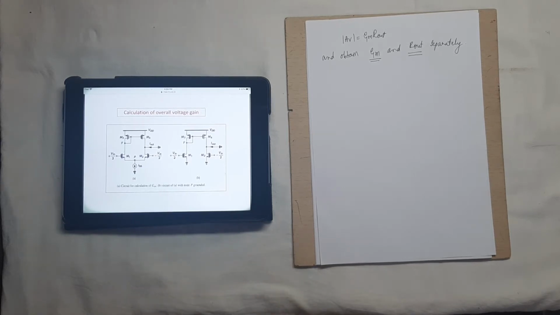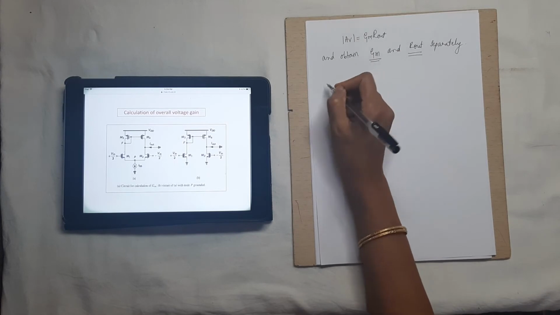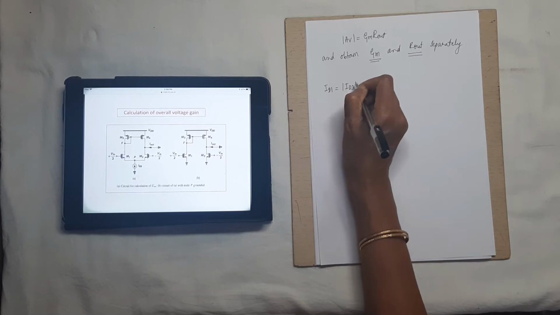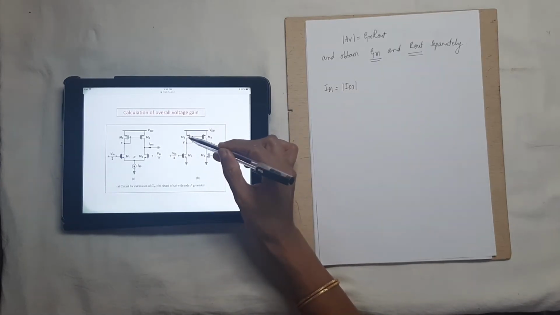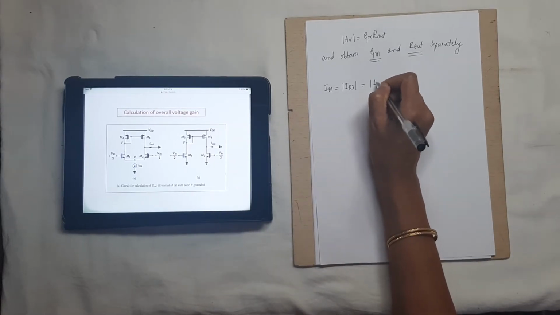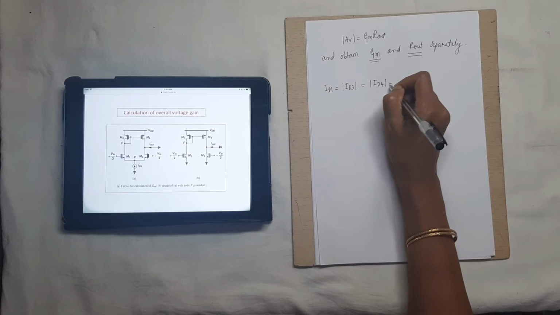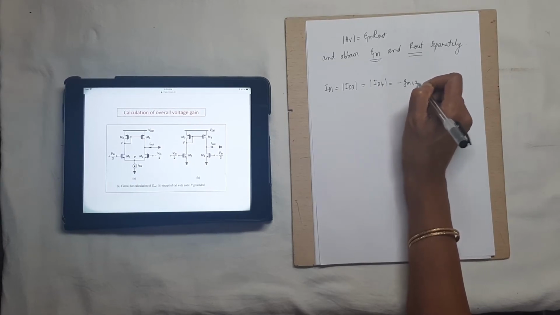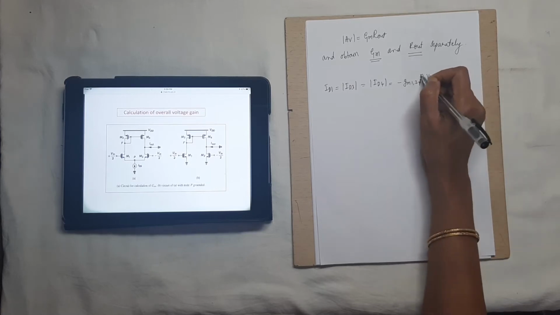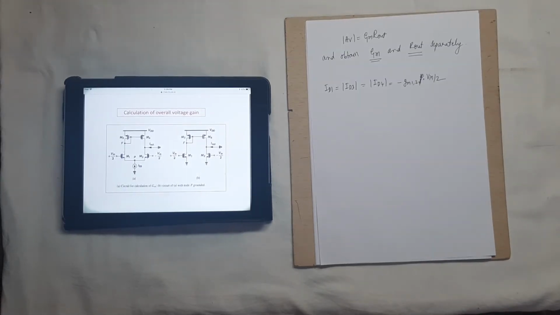Now for calculation of Gm, we start with the current ID1, which is equal to the current ID3. The current flowing through this is the same as this, and the same is mirrored, that is copied, into the transistor M4, that is ID4, which is equal to minus Gm12 multiplied by Vin by 2, because we are applying the voltage of Vin by 2.